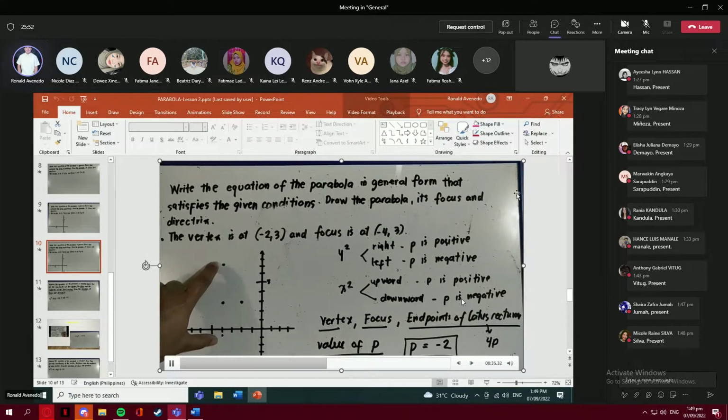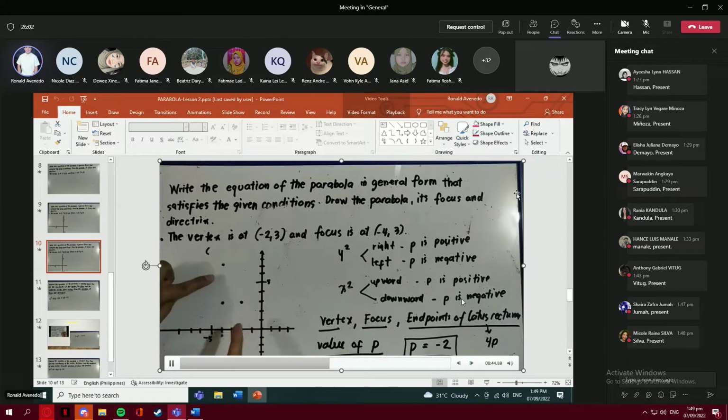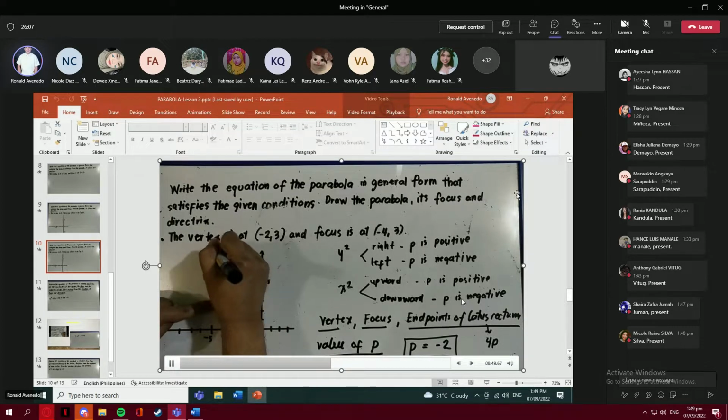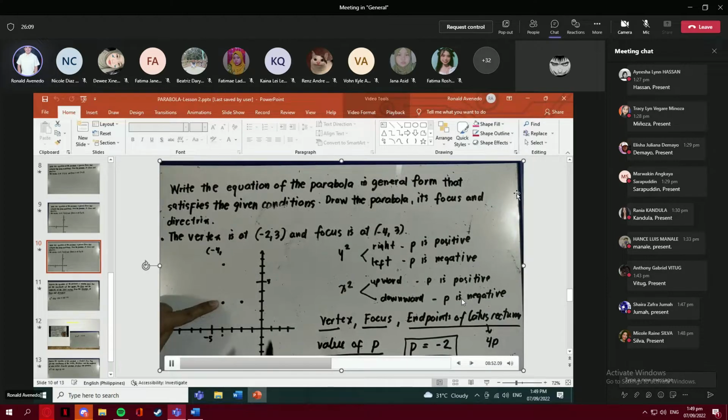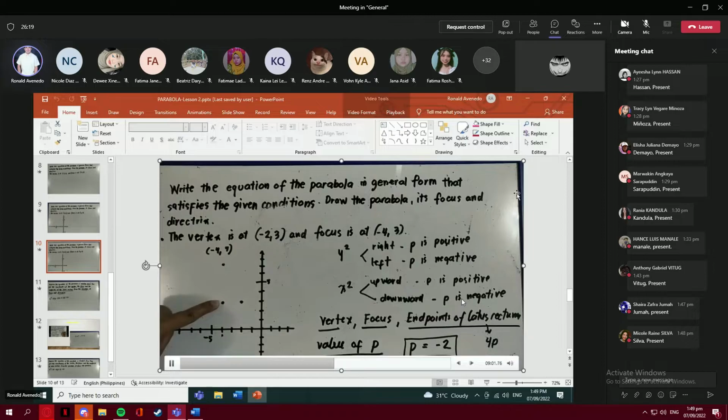So if we're going to determine the coordinates of the endpoints of latus rectum now, dito, x is 1, 2, 3, 4. So negative 4. Then our y is 1, 2, 3, 4, 5, 6, 7. That's the first endpoint. The second endpoint, x is 1, 2, 3, 4.